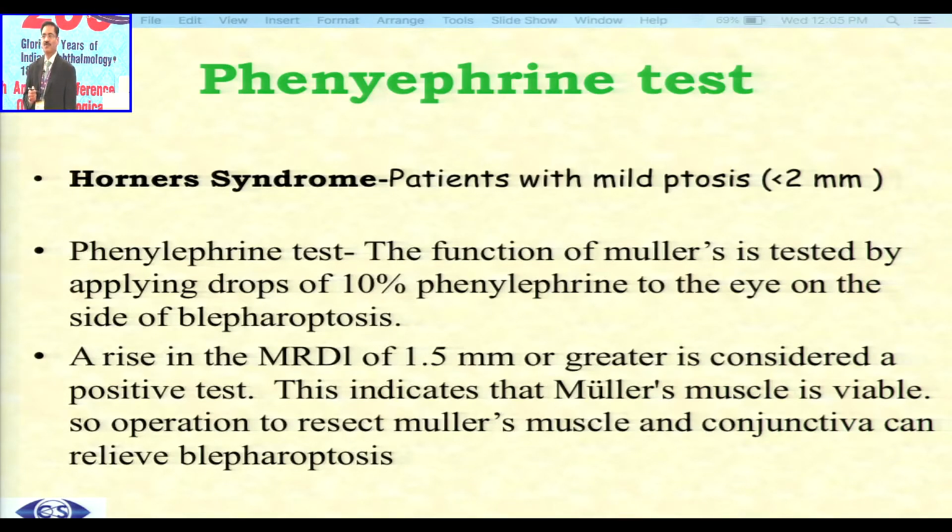Because Muller's muscle is supplied by sympathetic nerve, first plexus of sympathetic nerve, which gets affected in Horner syndrome, and that's why there is ptosis. Muller's muscle gives rise to only 2 millimeters of lid lift. So classically in Horner syndrome, you will have only 2 millimeters of ptosis. Mild ptosis will always be there, not more than that. And similarly, this test will be negative in Horner syndrome.